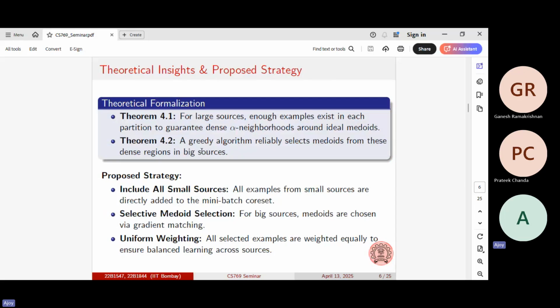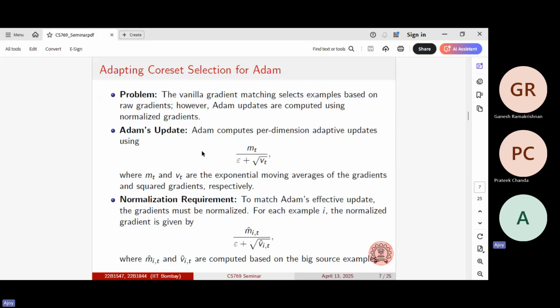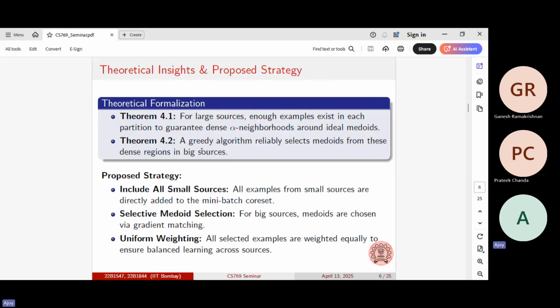For the bigger sources, we use medoids because that essentially captures the distribution of those examples. We also use uniform weighting, so that there is a balance across both the small and big sources. The big data sets are spread out, so we can partition them, and for each partition medoids can be selected with good performance.